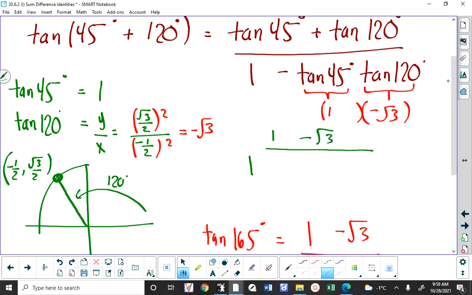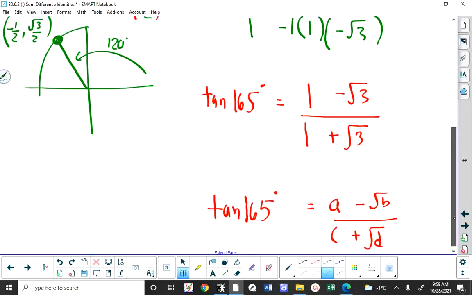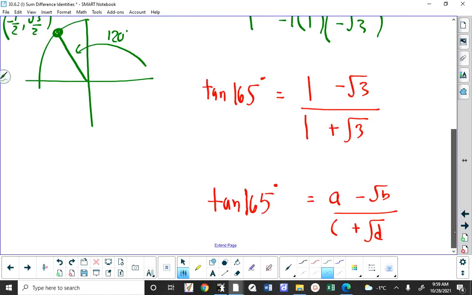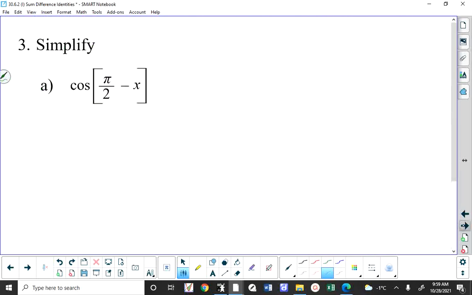The denominator is 1 minus tan of 45, which is 1, times tan of 120, which is negative root 3. So I'm multiplying negative 1 times negative root 3. The negatives cancel, and I'm left with root 3. I'm sorry, I should have shown that step. Is that okay now? All right, let's take a look at a couple of others.